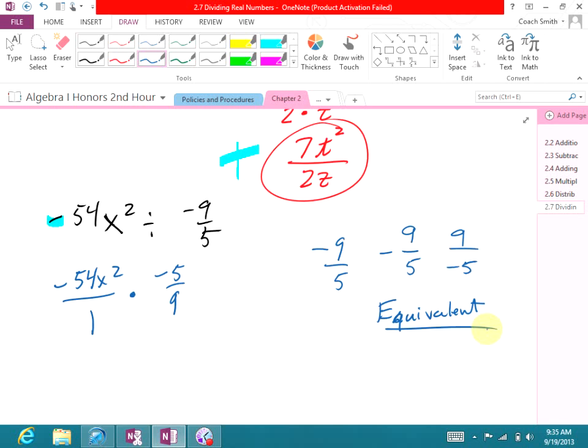Okay? So the fact that I changed it from the 9 here to the 5 down here does not change the answer or the value of the number. Okay? But we do understand that we have 2 negative signs, so my answer is going to be positive down at the bottom. Okay? Brandon?